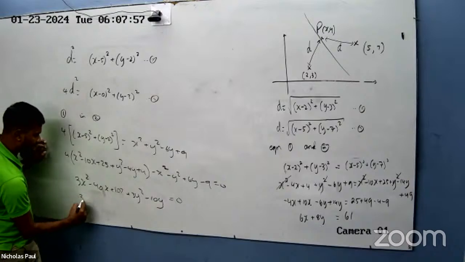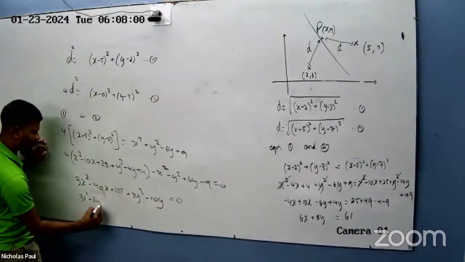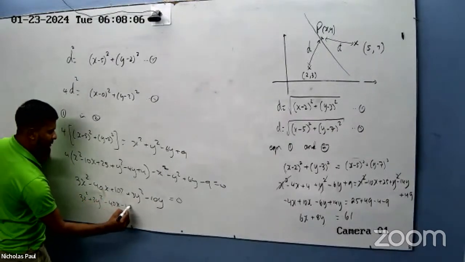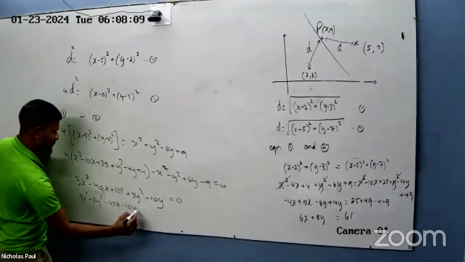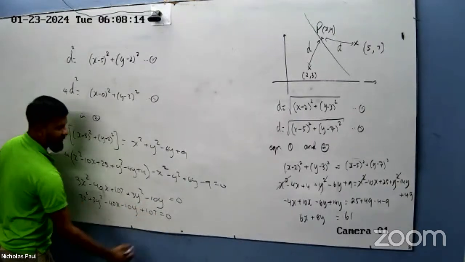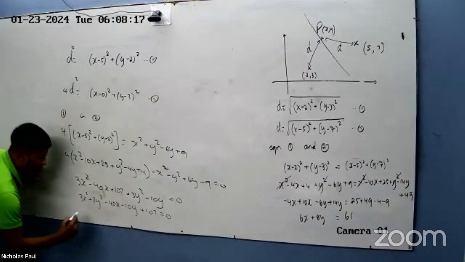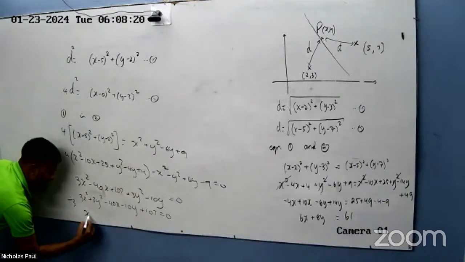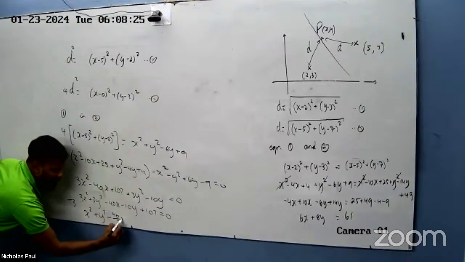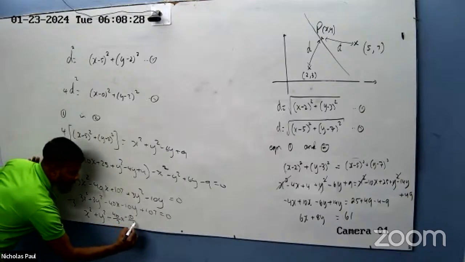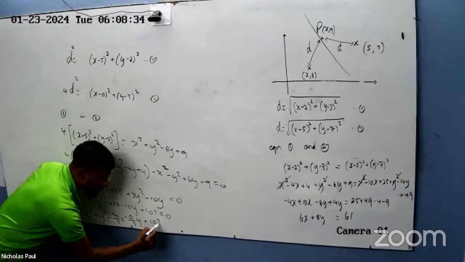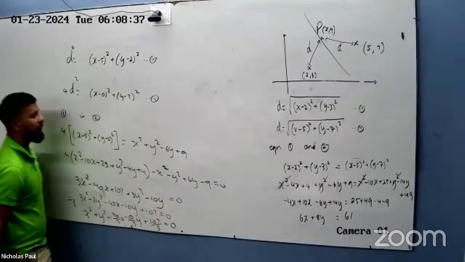So this is 3x squared plus 3y squared minus 40x minus 10y plus 107. If you divide everything by 3, you'll get x squared plus y squared minus 40 on 3x minus 10 on 3y plus something. Okay, so you'll get something like that.